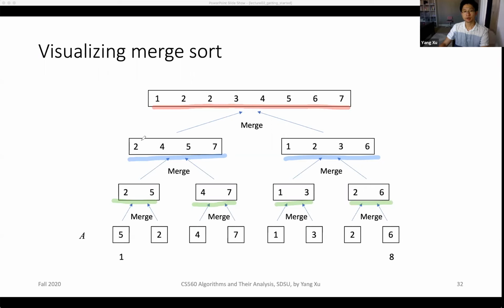Okay, so comparing the first element, take the 1 out, and comparing the second one, take it out, and third one, take it out, and so on. Okay, so that's how the merging procedure is called and happens in the merge sort algorithm.